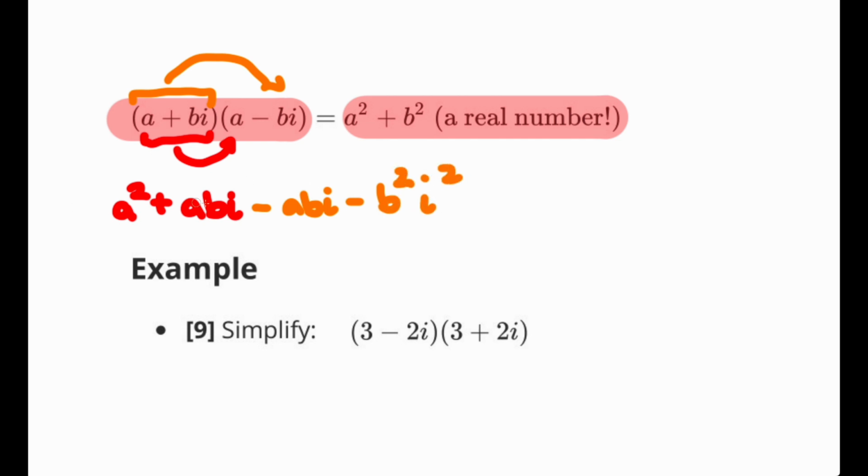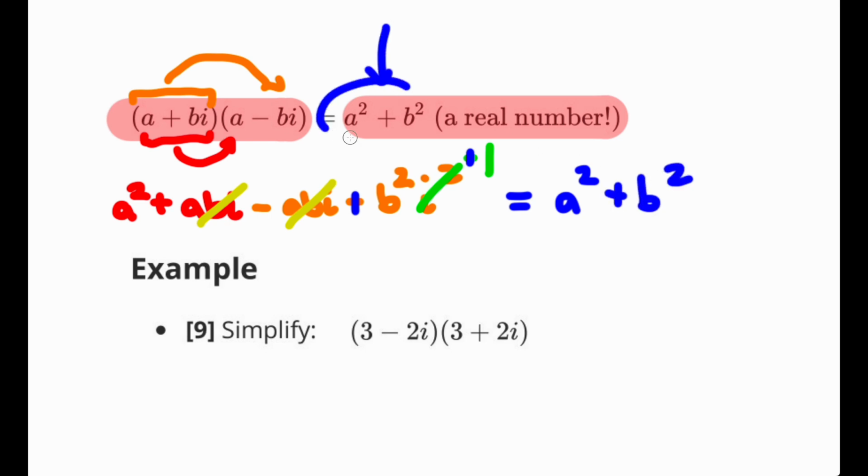Now from here, you'll notice these middle terms just cancel out completely. So the things with i's in them completely cancel out. There's still something with an i squared though, but we know that i squared is equal to negative 1. So this i squared becomes negative 1. The negative right here becomes a positive. So negative 1 times that negative b squared is just positive b squared. And you end up with a squared plus b squared.